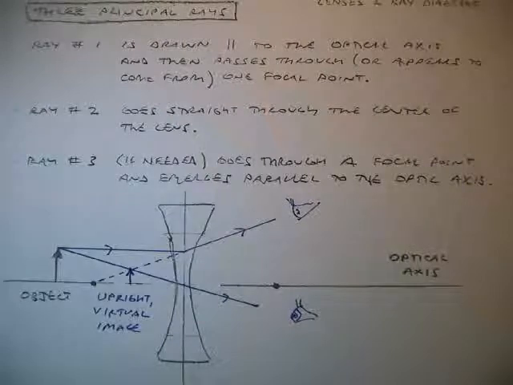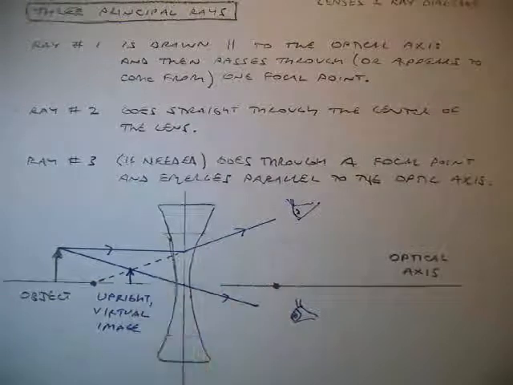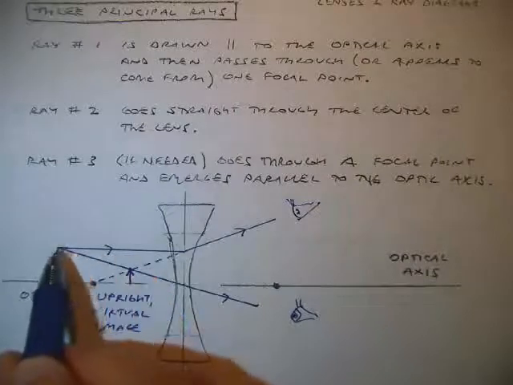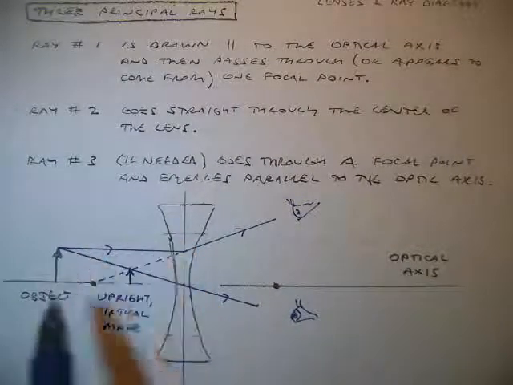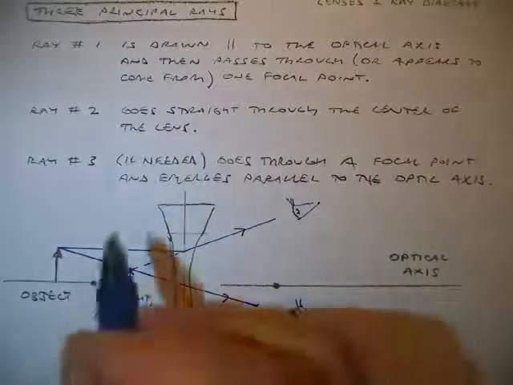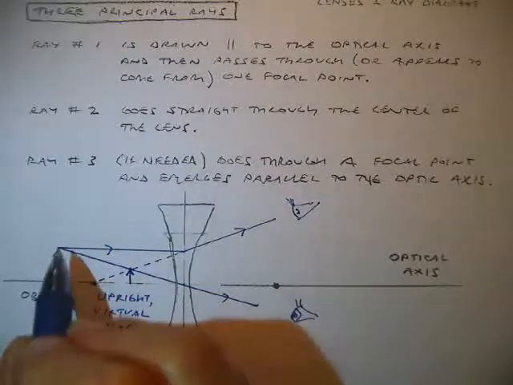Okay. Now that we've drawn those two light rays, that's where the image shows up. Now I'm going to draw another light ray. From the top of this object, like I mentioned before, you have an infinite number of light rays that would come off. But we've picked these particular ones because we know where they're going to go.